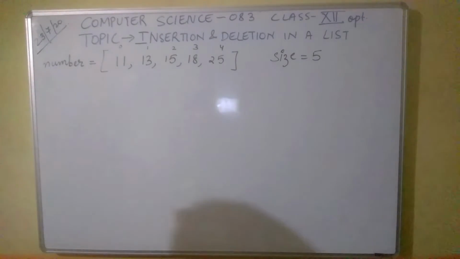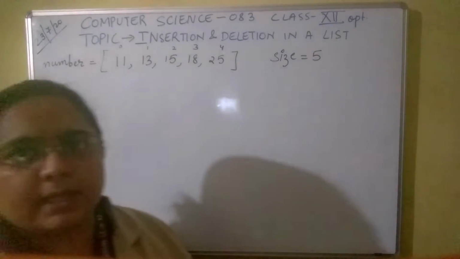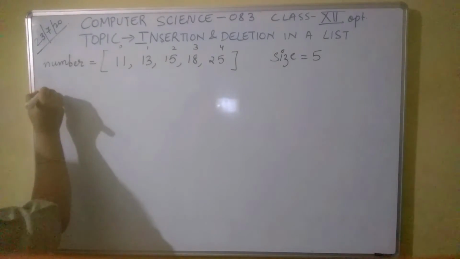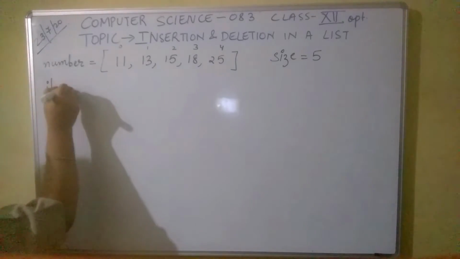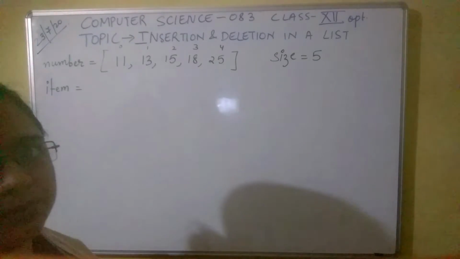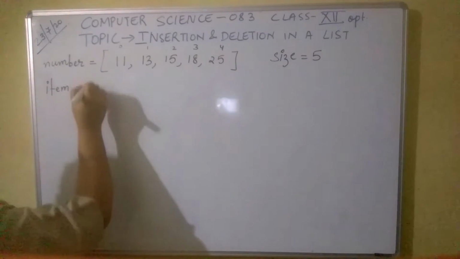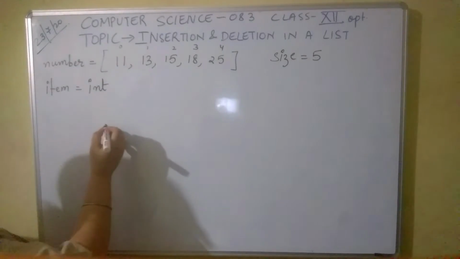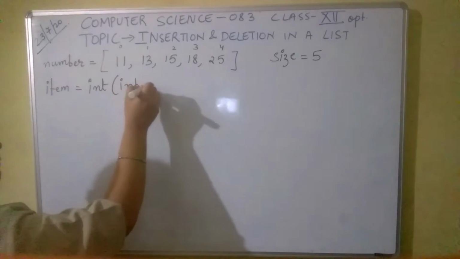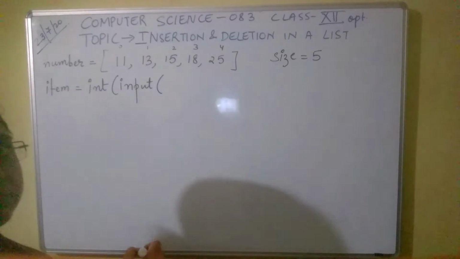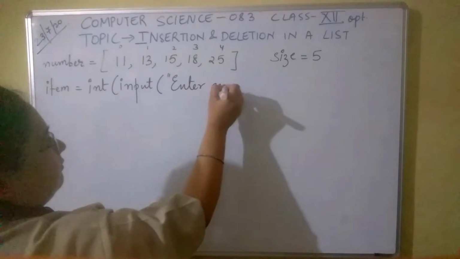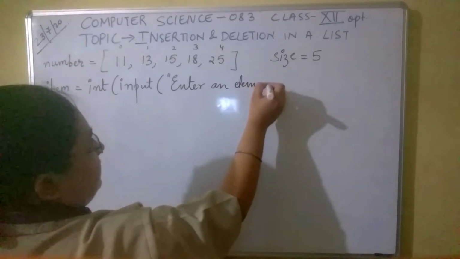Now how are we going to insert anything in this? We are first going to ask for a value from the user. I write item, and within that I am asking for a value from the user: Enter an element.